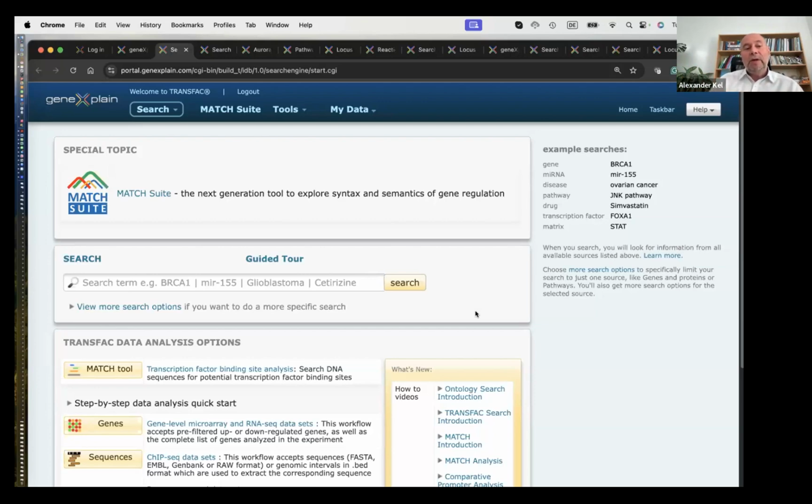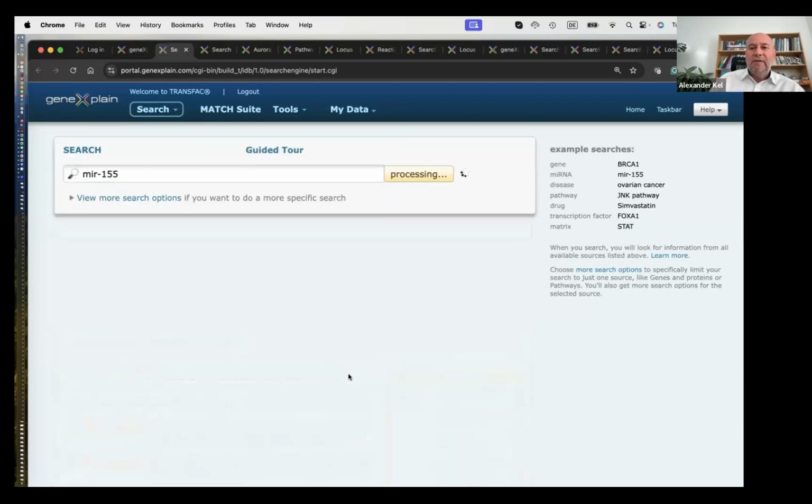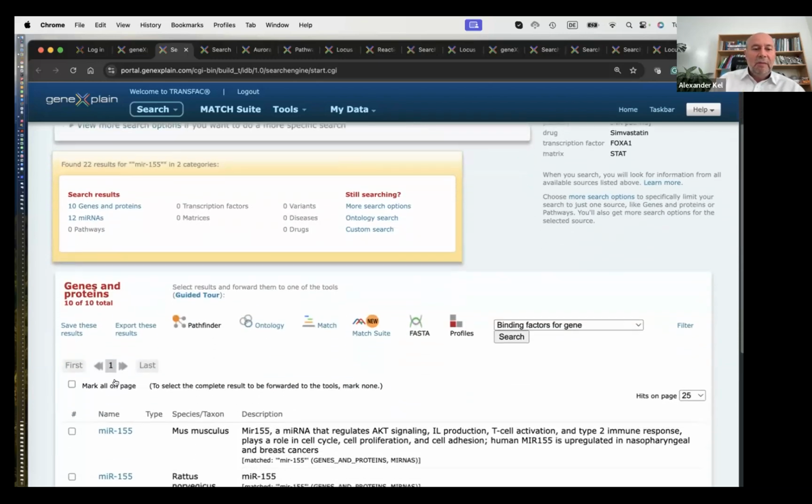You can search, for instance, here we have the example of miRNA 155. You simply type it like this. Let me see if we can get information about that.